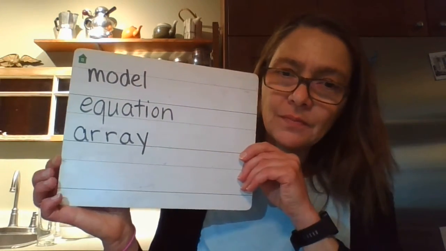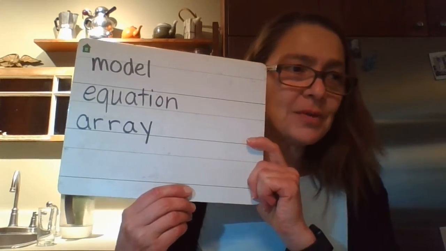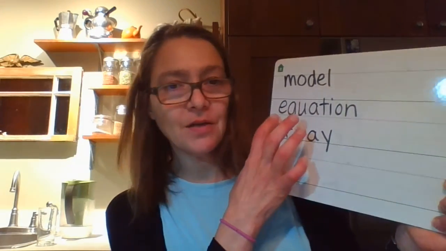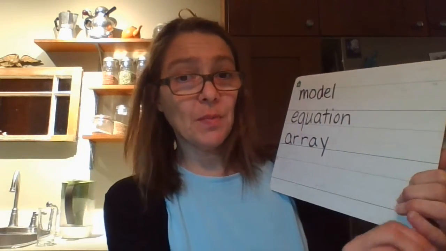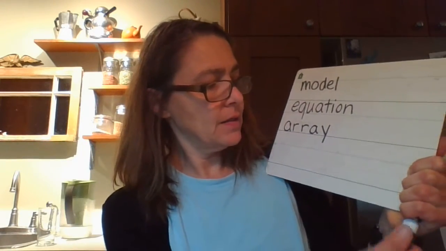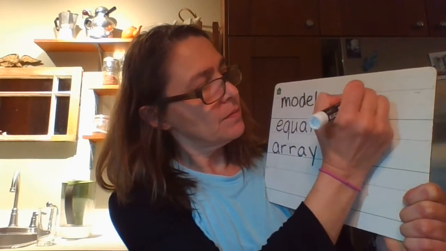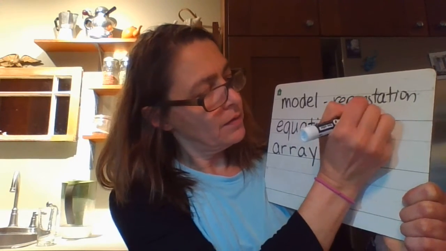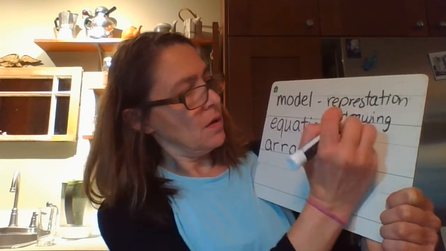Okay, so our vocabulary for today is model. And remember, a model is a representation of what is happening in the problem. And then we have an equation. An equation represents, could be repeated addition, like it would be in an array. A model is a representation in the form of a drawing that tells what's happening in a problem. An equation also is a model.